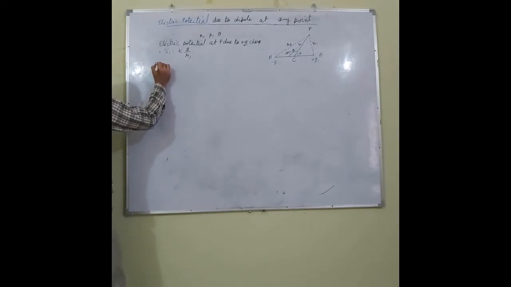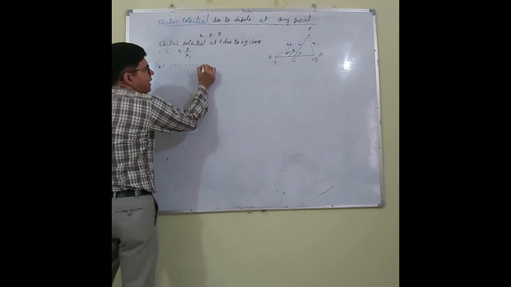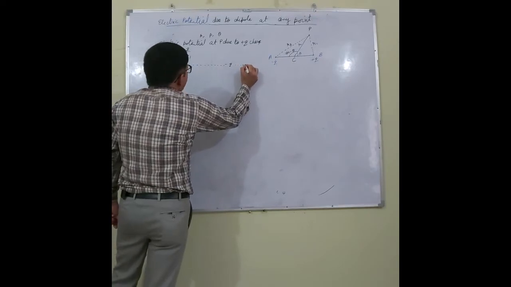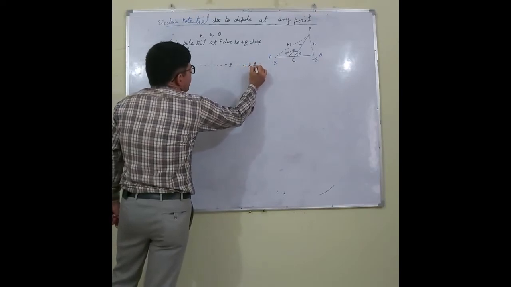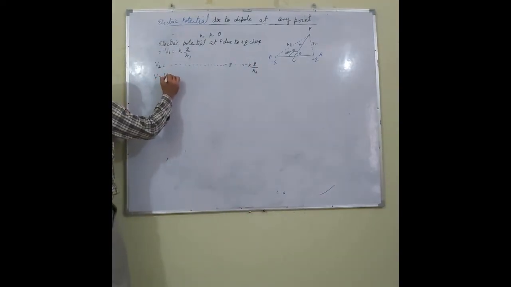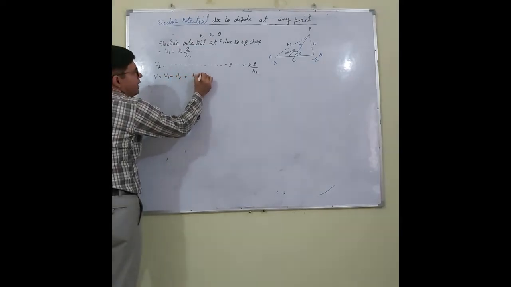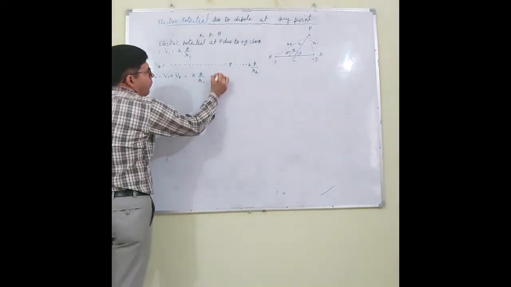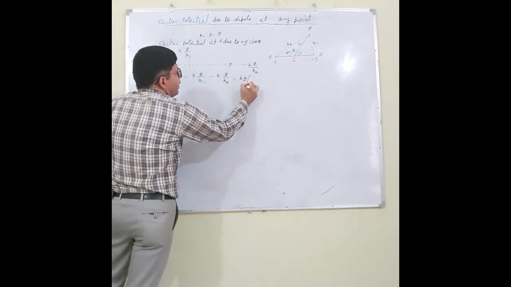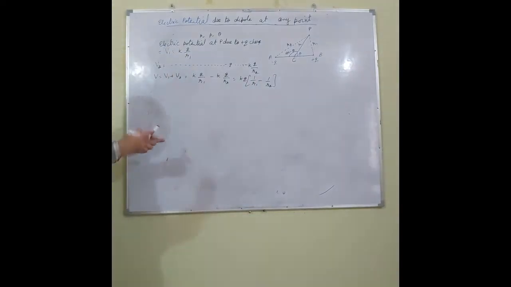Similarly, electric potential at point P due to minus Q charge will be V2 equals minus K Q by R2. Now total electric potential will be V1 plus V2. Just put the values: K Q by R1 minus K Q by R2, K Q common, 1 upon R1 minus 1 upon R2. Any doubt in this?